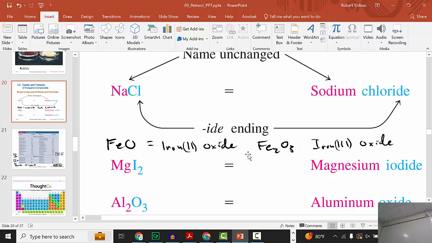Just one iron, one oxygen. If we know the Roman numeral, then we don't have to use the prefixes because we know it has to be in a 1-to-1 ratio. Plus 2, minus 2. Here we could call this diiron trioxide or iron 3 oxide. But we don't want to mix it up. So for example, we'd never call this diiron 3 trioxide. Because if we did that, then we're giving redundant information, which means that we're wasting space.